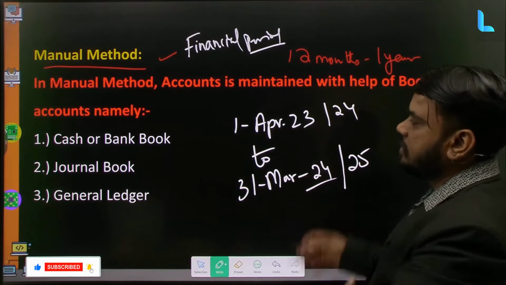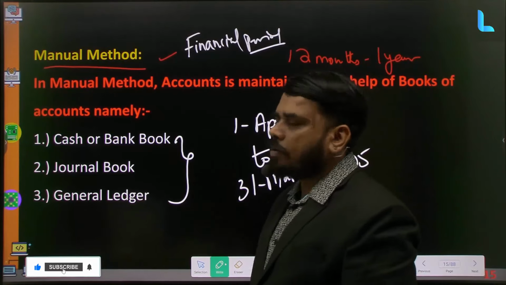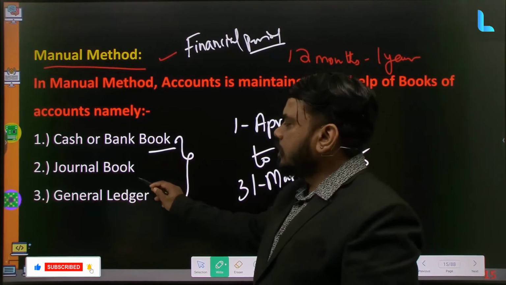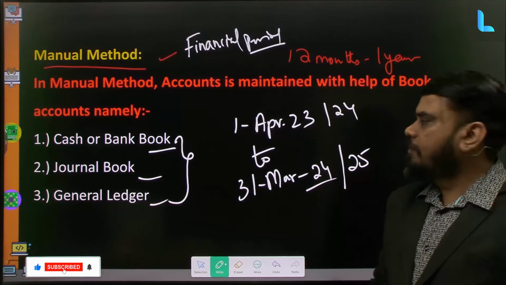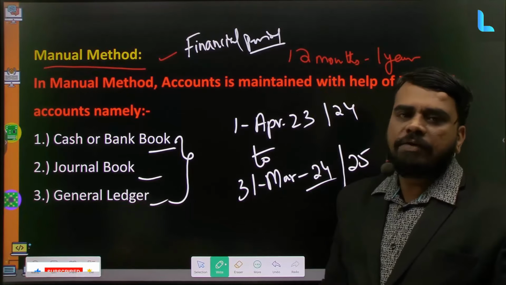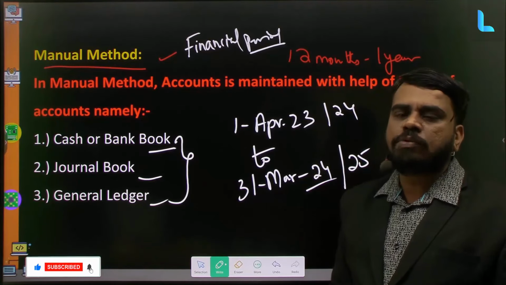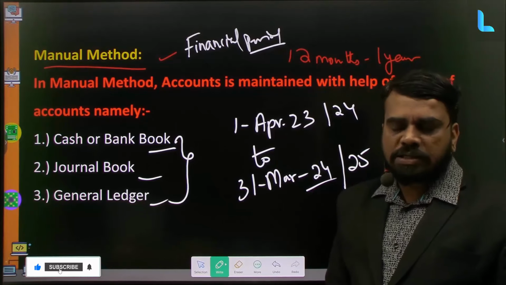Over this financial year, the accountant makes use of these books of accounts, that is the cash or bank book, journal book and the ledger, and maintains the accounts. For one financial period, he will maintain the accounts. Once that is maintained, the accounts of these books will be summarized, and out of the summary the trial balance will be prepared.